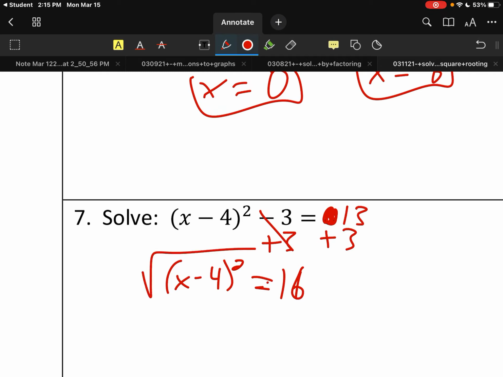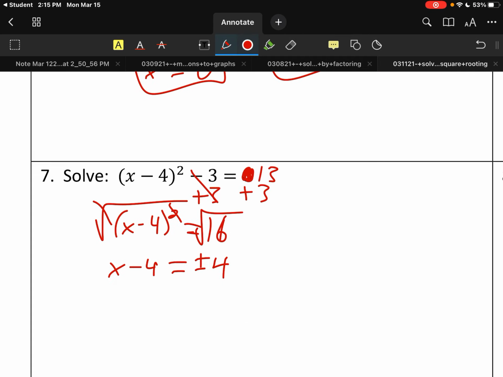So I'm going to square root both sides. We got x minus 4, because the square root cancels the square. And then the square root of 16 is plus minus 4. So I have two equations: x minus 4 equals 4, and x minus 4 equals -4. So I'm going to add 4 to both sides.